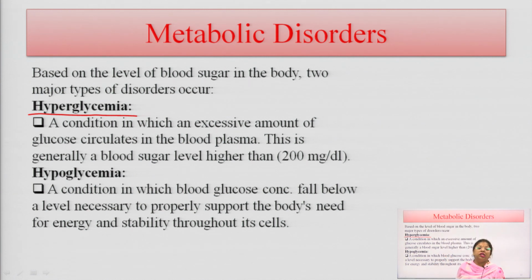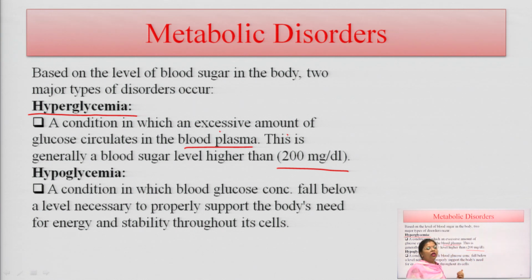Hyperglycemia is an increased level of sugar in the blood. Whenever there is an excess amount of sugar circulating in the blood plasma, the blood sugar level generally rises. How much does it rise? More than 200 milligrams per deciliter. This disorder is known as hyperglycemia.